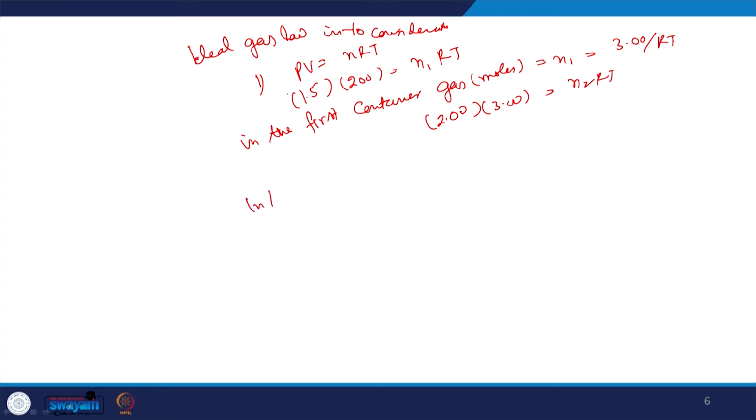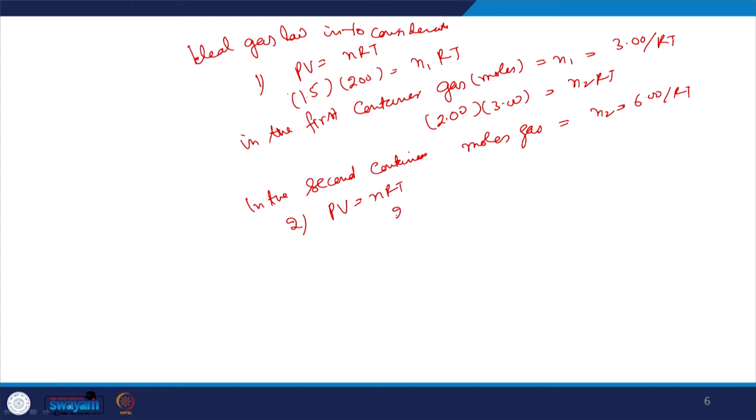Now, in the second container, moles of gas N2 is equal to 6.00 over RT. Now, second aspect, that is PV is equal to nRT.